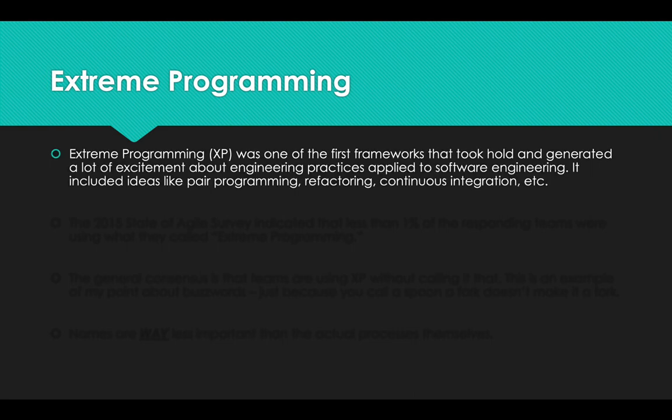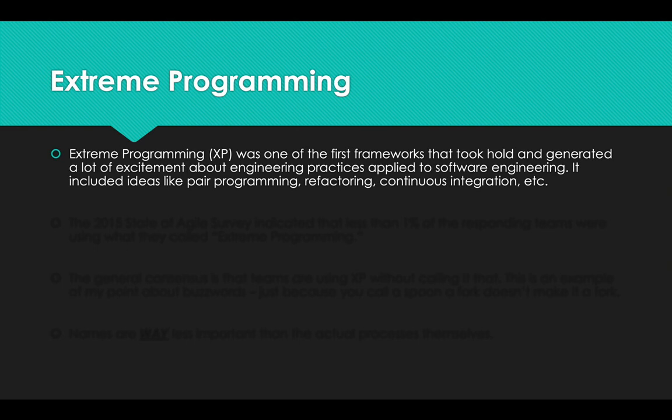And so all of this kind of framework mentality began in earnest with something called extreme programming. So this is one of the very first frameworks that kind of took hold and, for lack of a better word, sort of went viral.